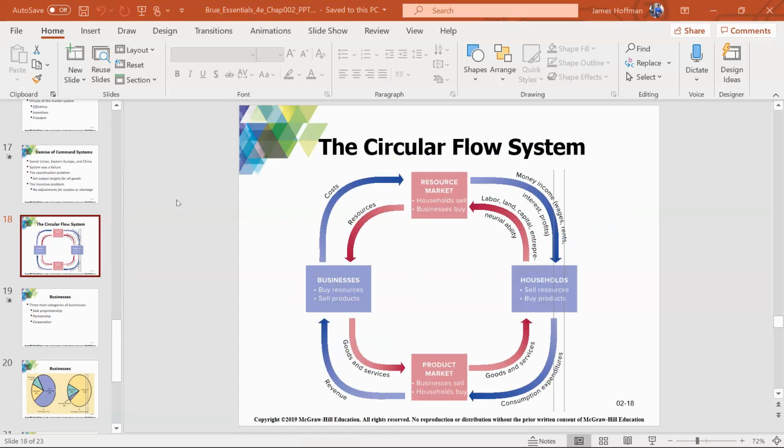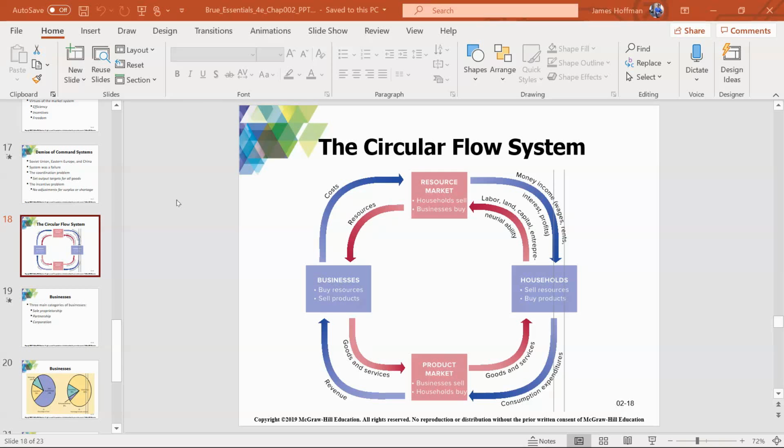You won't really be tested on this, and there won't be a homework assignment on it either, but if you want to read more about it, it's in chapter 2. This circular flow diagram always comes up when you start talking about economics.